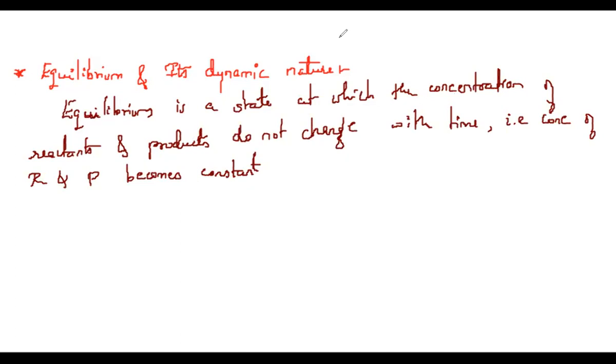See, students, when we speak about equilibrium, when I talk about a chemical reaction, reactants getting converted to products. Initially, that means before the start of the reaction, the concentration of the reactants will be maximum and the concentration of the product will be zero.